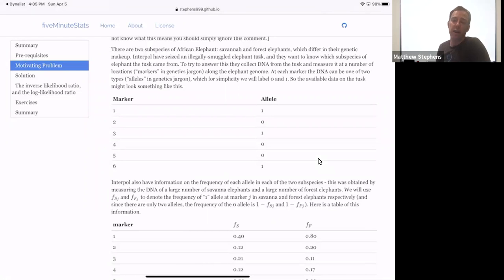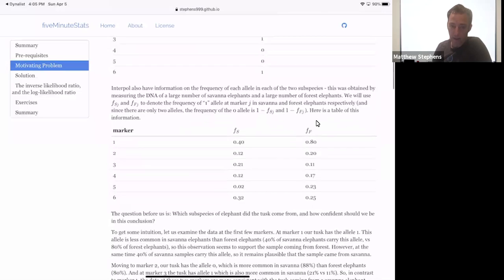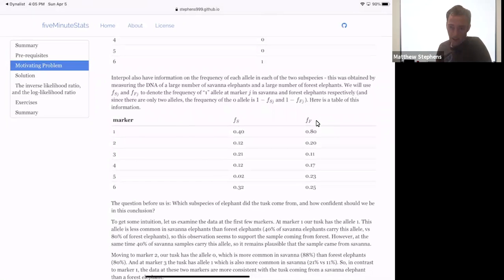Okay, so to do that, I need models for what data might look like for forest elephants and what data might look like for savanna elephants. So here's that information. The idea is that at each marker, I have some external information on how common each allele is in the savanna elephants, that's FS, and how common it is in the forest elephants, that's FF.